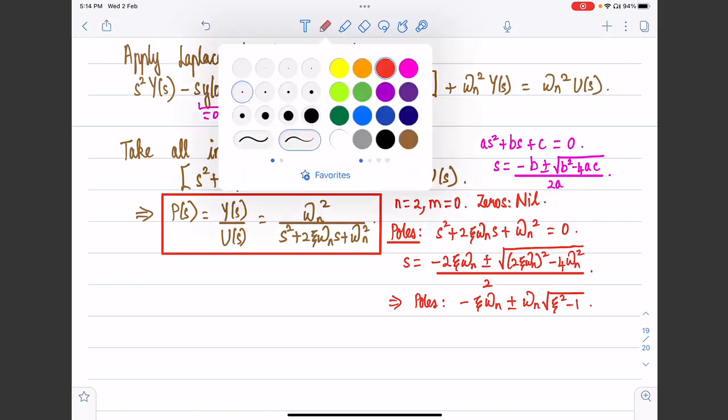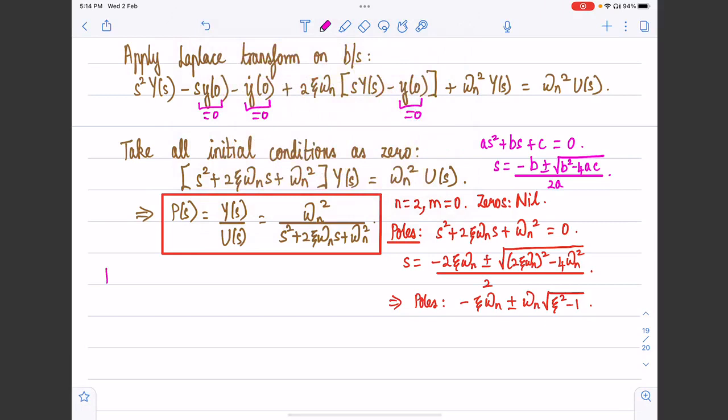It so turns out that the system will be stable when zeta is greater than 0 and omega n is greater than 0. Of course, one may say, hey, look, this is obvious.